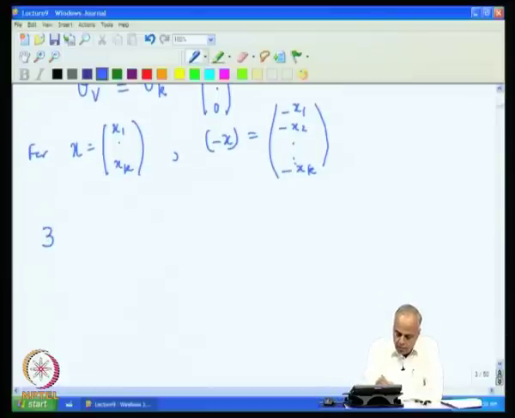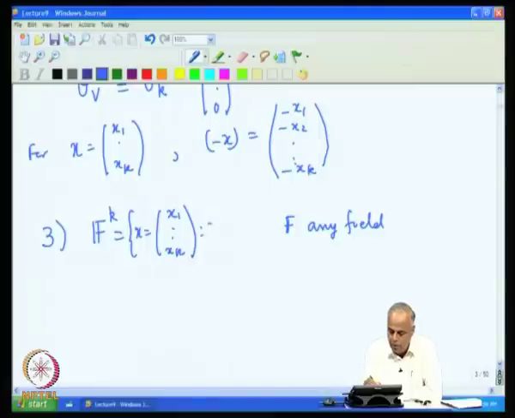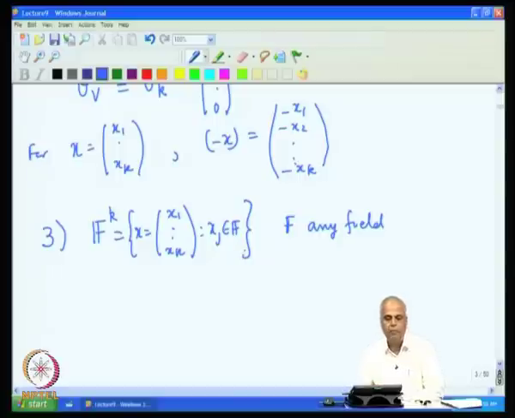In general, we can start with any field f and look at f k. So, f is any field and look at f k, which is the set of all x equal to x 1, x 2, x k, where now x j's are from f. So, when we put f equal to r, we are looking at r k.